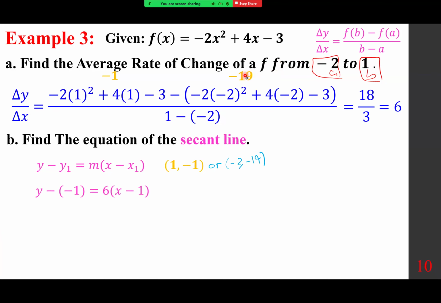So y minus -1 equals m, 6, times x minus 1. So this gives us 6x minus 6, and this gives us y plus 1. We are moving this one and we get y equals 6x minus 7.